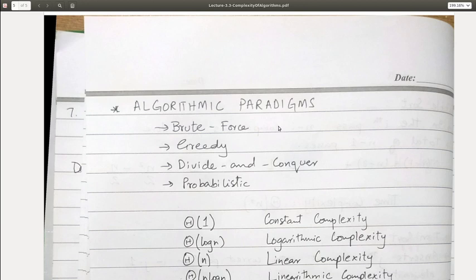Let's suppose you're trying to crack a password, and your approach is to guess every digit and try out every possibility for the digit, then you're running a brute force algorithm. The brute force algorithm just checks every possible input and sees if it works or not. Linear search is sort of a brute force algorithm where you check every element and see whether it's the same as your element or not.